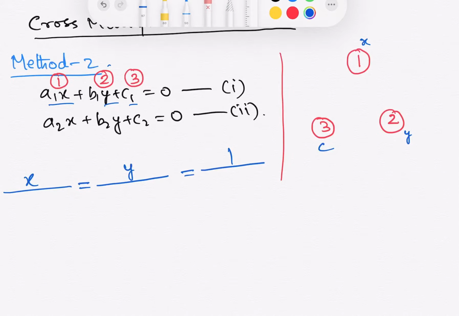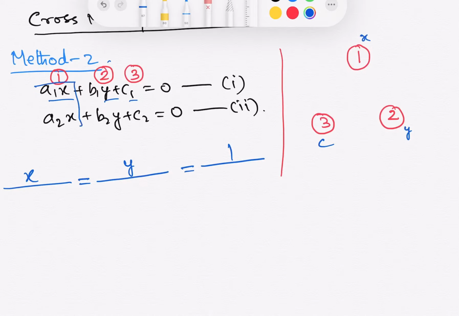Now when we calculate the value of x, we don't consider column 1. This is column 1, this is column 2, and this is column 3.